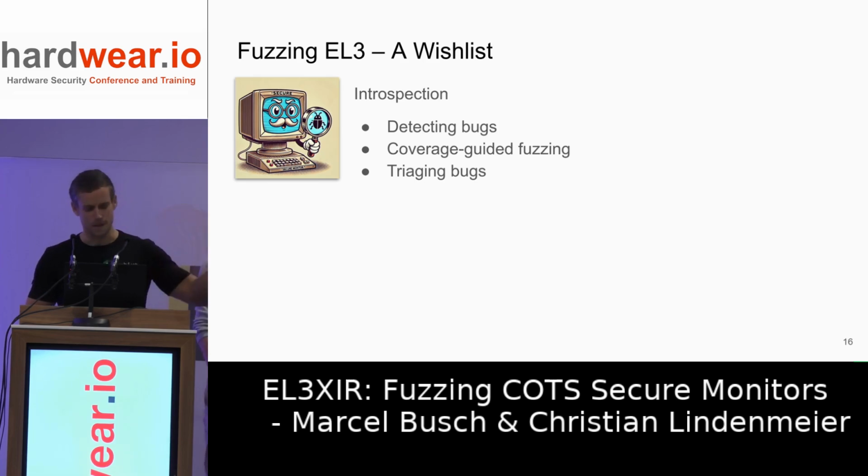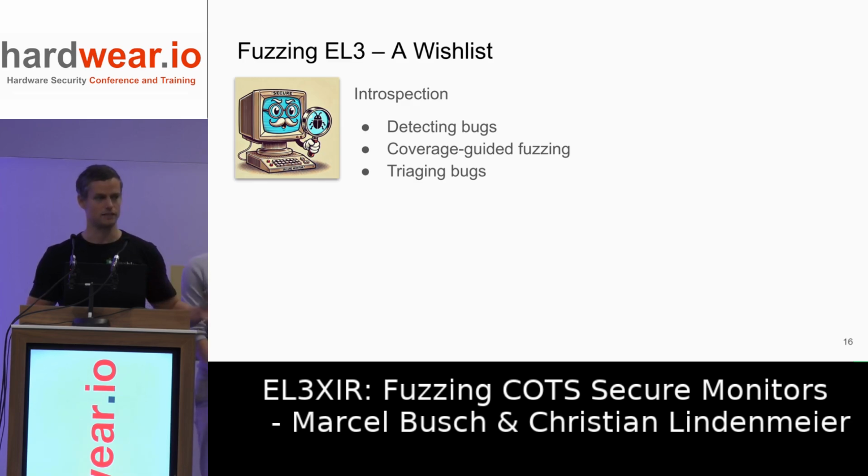Since we had these bad experiences in the past, we came up with a little wish list of what you would like to have when you're fuzzing very low-level components on ARM chips. One of them is typically introspection, right? If a bug is triggered, you want to detect this bug. You want some sort of introspection capability to actually see, okay, this is some sort of buffer overflow. For techniques like coverage-guided fuzzing, you need to introspect the target to understand if you covered more of the control flow graph.